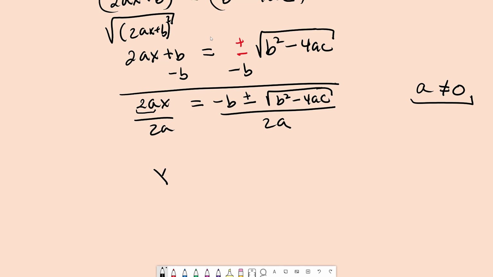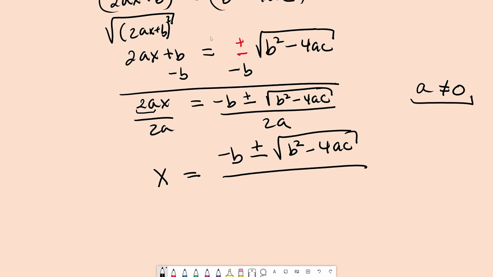And we get that x equals negative b plus or minus the square root of b squared minus 4ac, divided by 2a. And that is the result we were looking for, the formula.